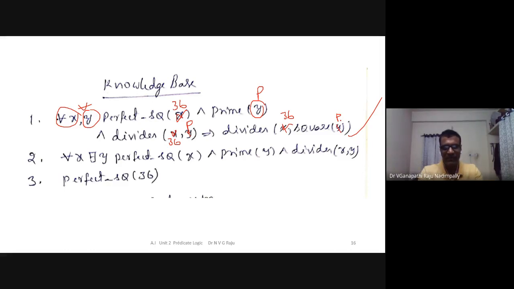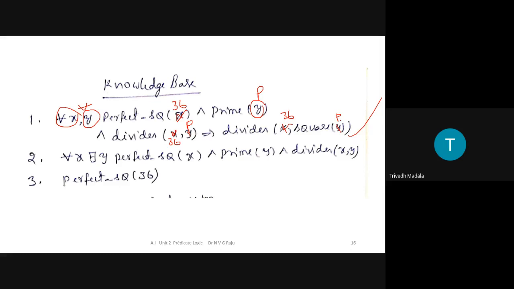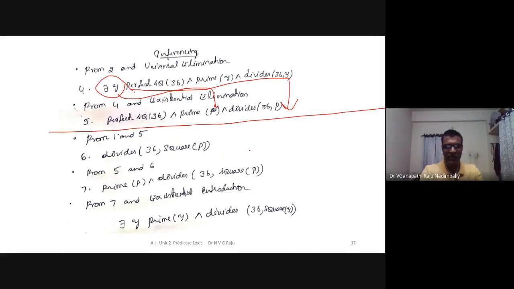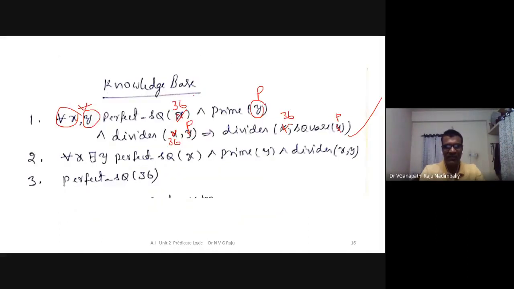Can I explain? Now, observe carefully. First let me go to statement 5. What is statement 5? Perfect square of 36 and prime of p and divides of p. Can I replace this sentence with this?